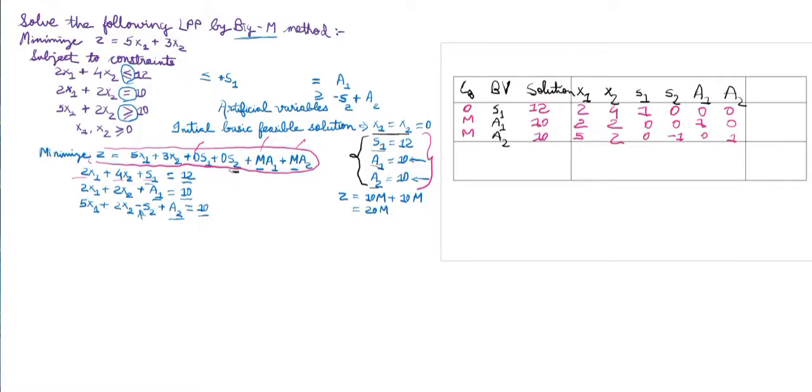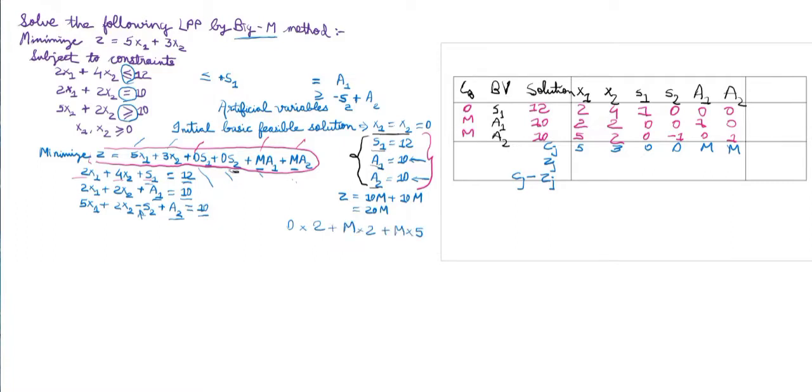Then after, our next step will be Cj, Zj and Cj minus Zj. Now this Cj, which is the coefficients that we write from the objective function, will be 5, 3, 0, 0, M, M. And Zj, we'll have to multiply this. Cb into x1, that is 0 into 2 plus M into 2 plus M into 5.